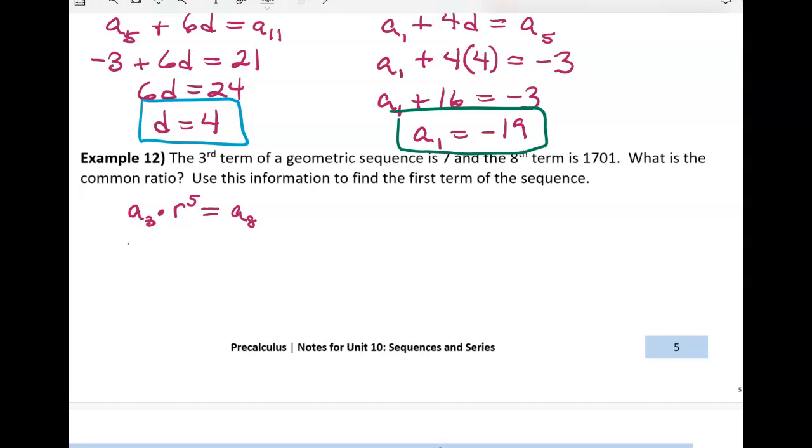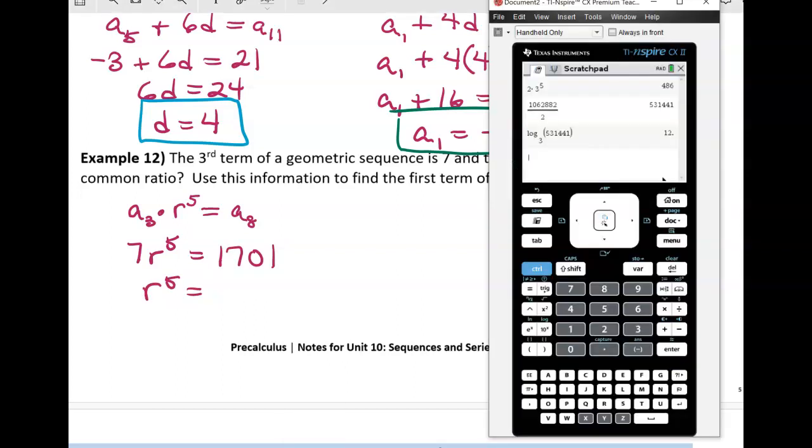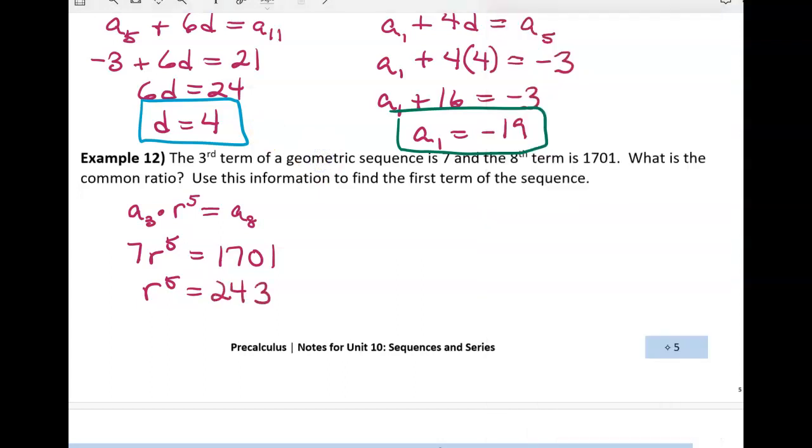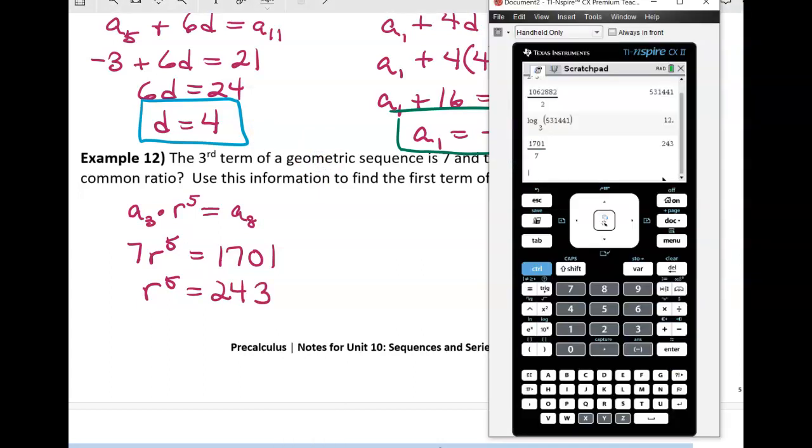So the third term is 7, and the eighth term is 1701. Let's divide by 7. So r to the fifth is 243. Now we have to take a fifth root, and there's a couple different ways that you can take a fifth root.